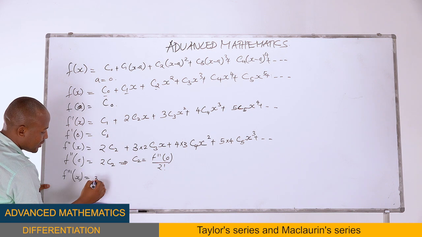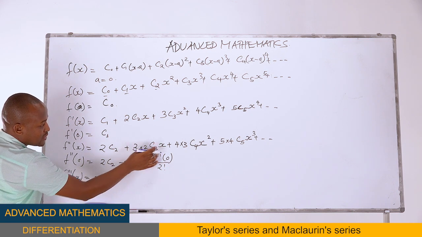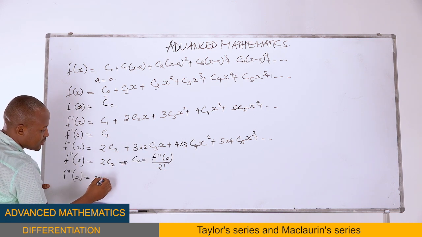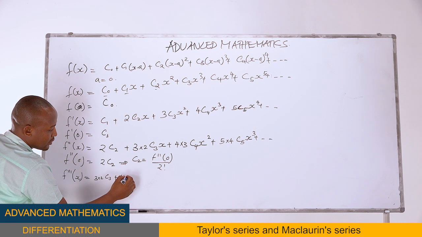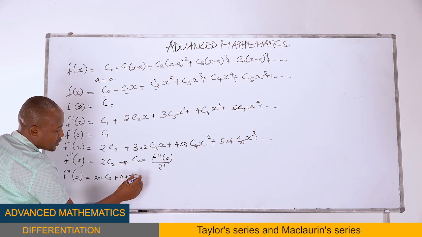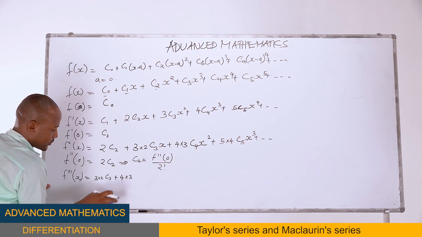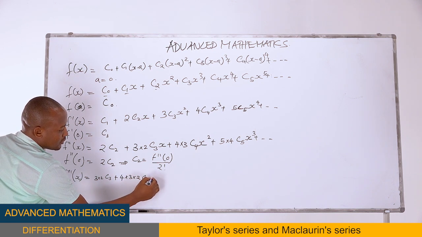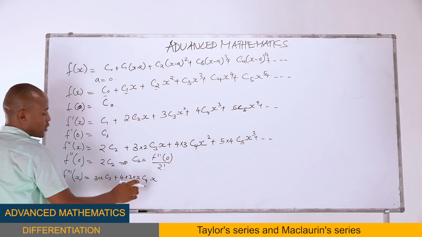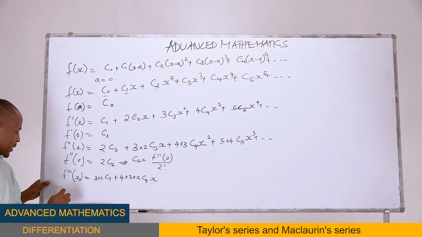Now let's check the third derivative of that expression. It will be 3 times 2 c3 plus 4 times 3 times 2 c4 x, and so forth. All of those values will go when we evaluate at 0.